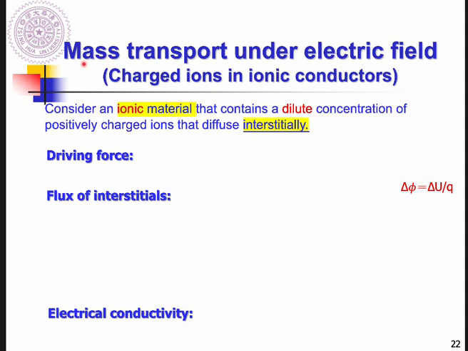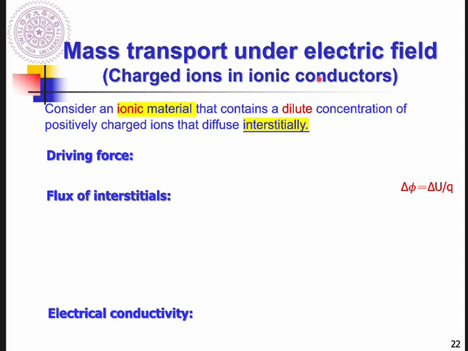Okay, so we are going to talk about the mass transport under electrical field. This is EM, okay? Electron migration actually is everything that happens when I apply the electrical field on our materials. The material system we have here is ionic conductors, ionic materials, which means that we have the charge ion passing through these ionic materials.